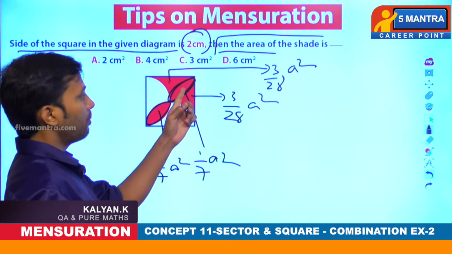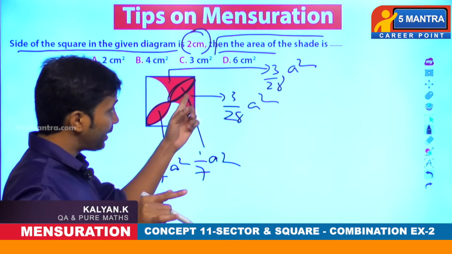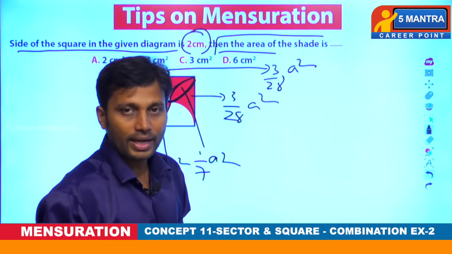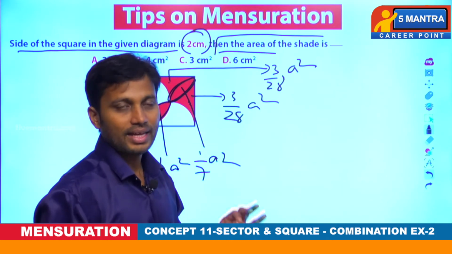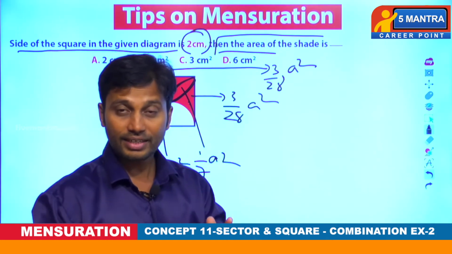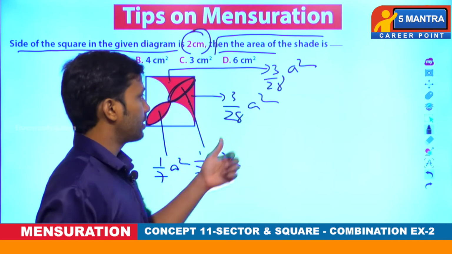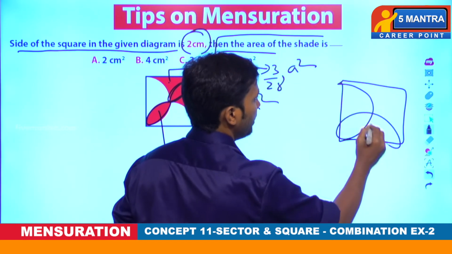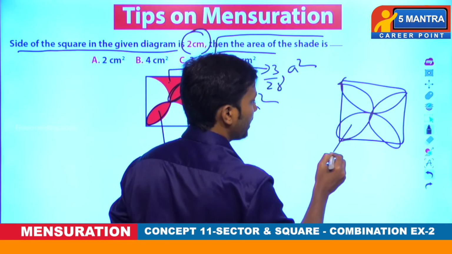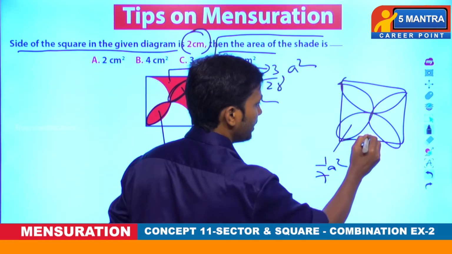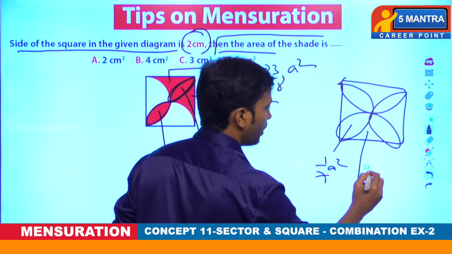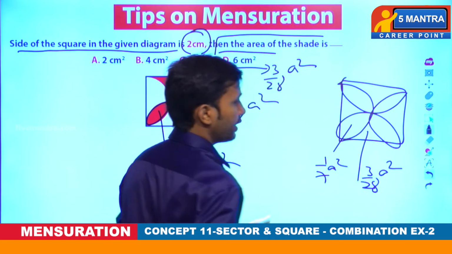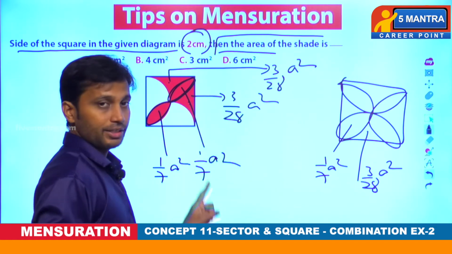So the petal area plus the area equivalent to two gaps, if we add all those, we get the required shaded region. Is that right or not? So now just see, this is a flower shape. Once again telling, when this is a flower shape, each petal area is 1 by 7 a square, and each gap area is 3 by 28 a square. Clear?